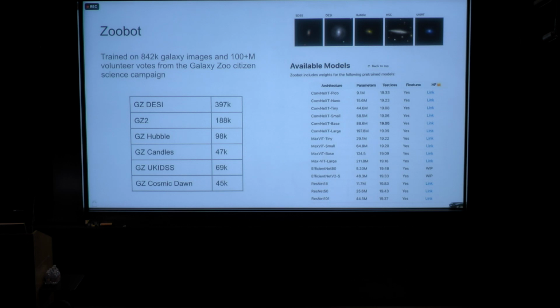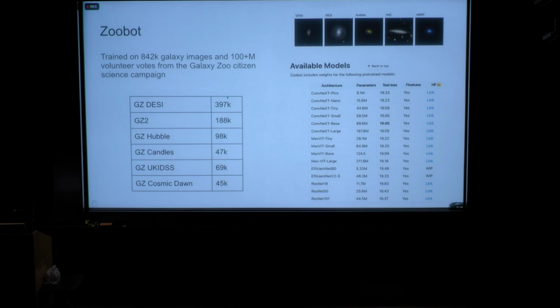And based on the complexity of the task, we can choose a specific architecture to solve the task at hand. And one of the advantages of using a pre-trained model such as this is that we need very few training samples of new data in order to answer any scientific question.